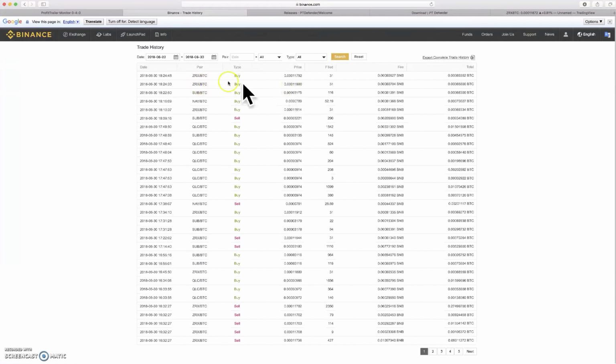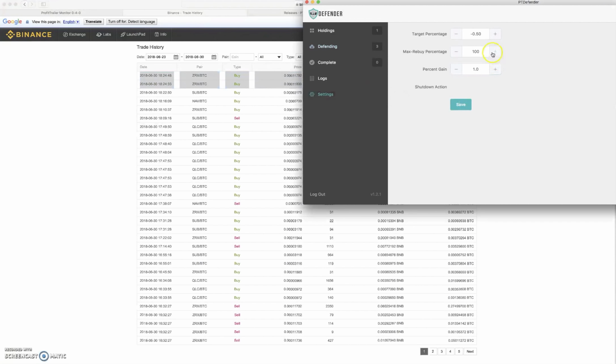So what happened here is these are the two orders that just occurred. So remember, we started with 61 coins, I believe. No, 62 coins. All right. So this is really important. My max rebuy percentage was set to 100. If you go to the wiki and read about what this percentage is, you'll understand exactly what's happening.